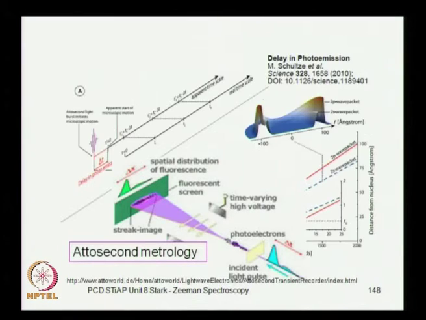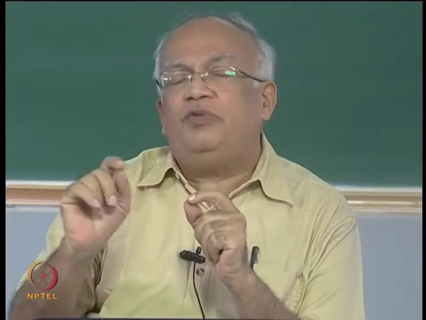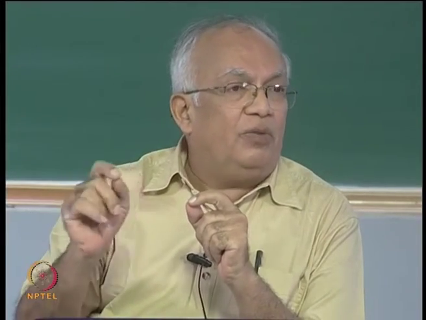These are measured using techniques called electron streaking techniques. Using these techniques, in an experiment which you will find in an article by Schultz, they find that if you take a neon atom and subject it to photoionization, you get electrons coming out of the neon atom from the 2p shell and also from the 2s shell.